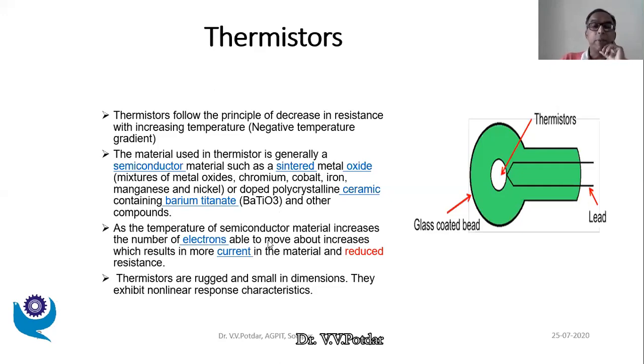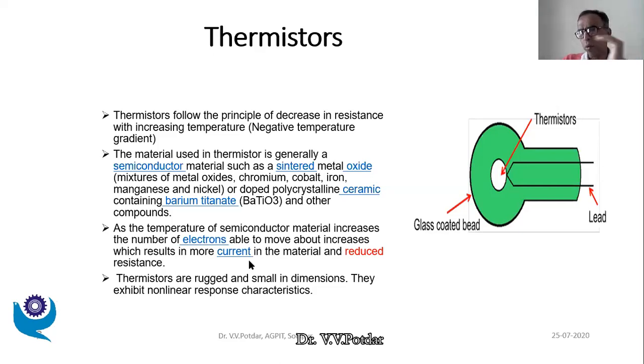As the temperature of a semiconductor material increases, the number of free electrons that can move within the material increases. When more electrons are moving with the increase of temperature, the current is also increasing, resulting in more current in the material.